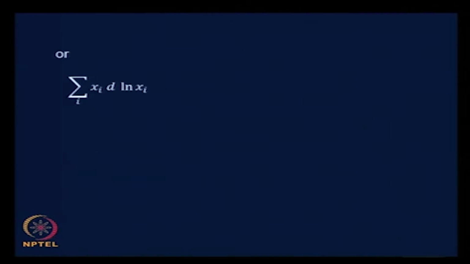This can of course be written in a compact form as the sum over i of xi d ln xi plus the sum over i of xi d ln gamma i equals 0. Let us call this equation 4a12. So this is what we need to prove is 0. Therefore now explicitly we need to prove that this is 0.